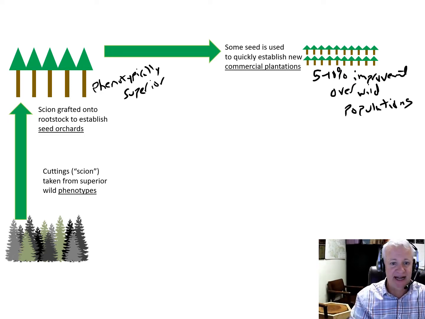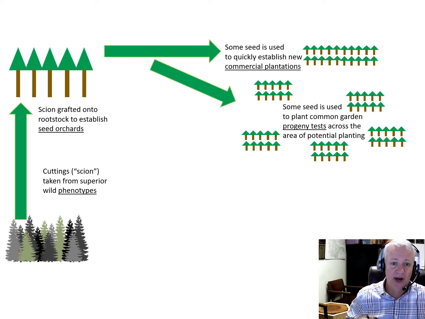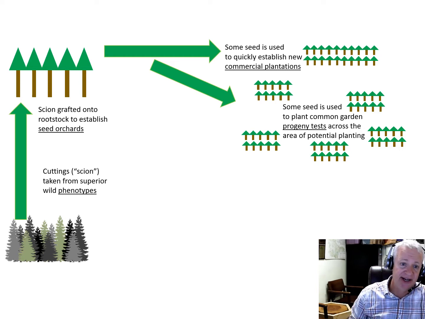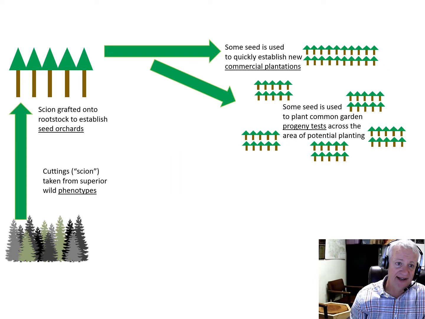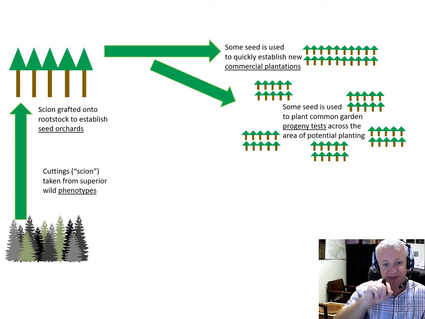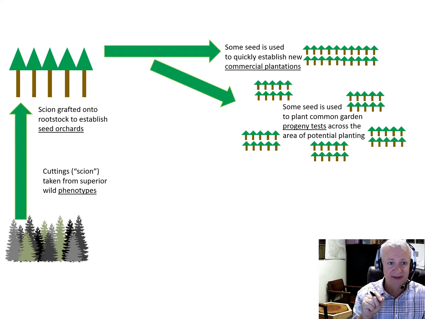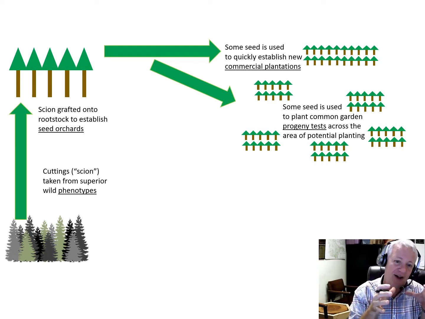But at the same time you're establishing these new plantations, you also establish a number of common garden studies across the area where you would like to reforest with these improved populations. These common garden studies, where you're planting basically offspring from many different parents in the seed orchard, you plant them, all those offspring from many parents.